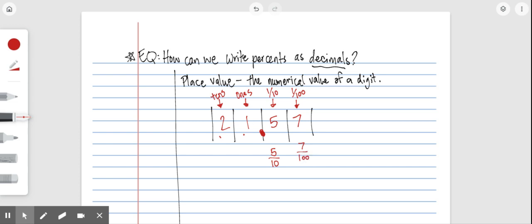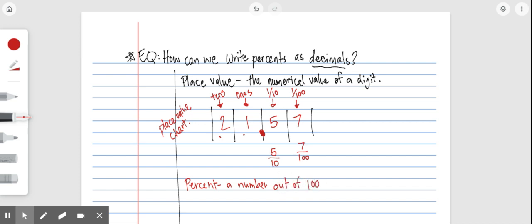So this is a place value chart. And the place value chart is important because when we're talking about percents, we're going to recall that percent means a number out of 100.